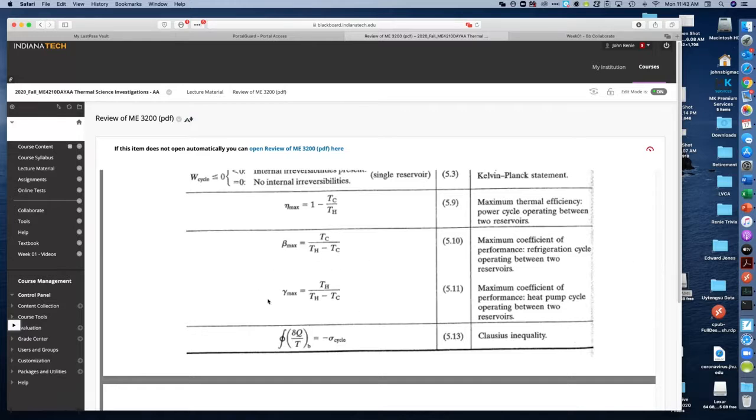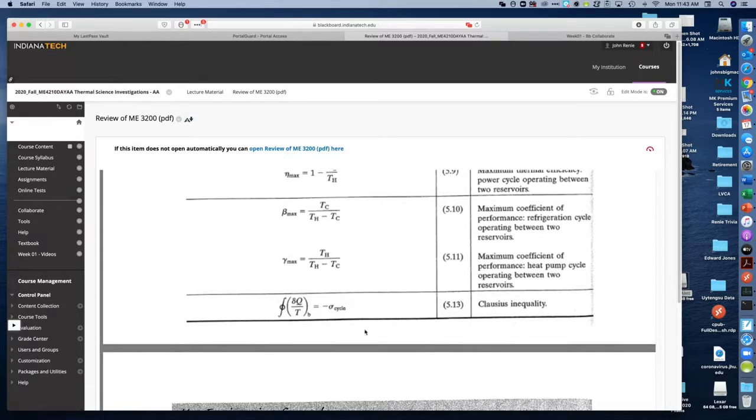And the maximum coefficient of performance for a heat pump is given here. What we'll find later is that real refrigerators and real heat pumps will operate at values lower than this maximum value. So the Carnot is the best we can obtain in operating cycles between two thermodynamic reservoirs.